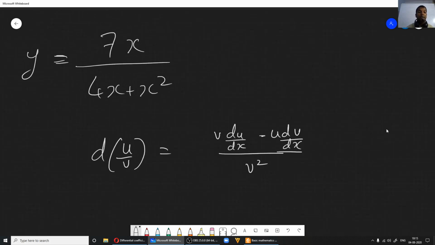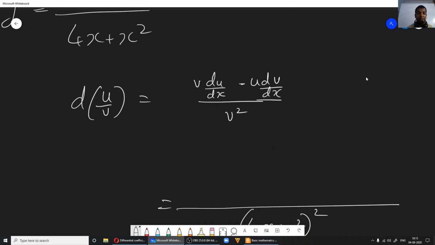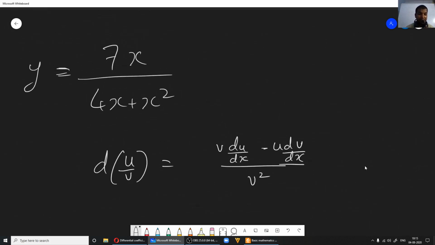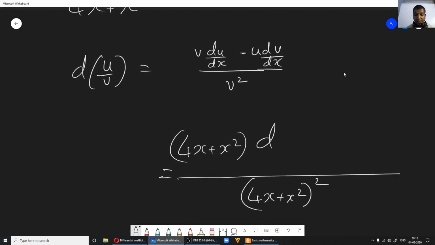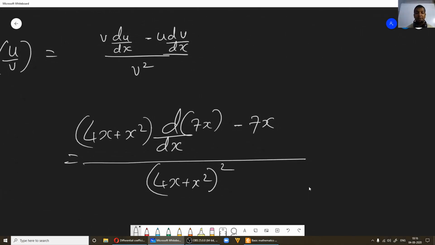Now you have v du by dx, so we keep it that way: 4x plus x square times d by dx of 7x, minus 7x times d by dx of 4x plus x square.